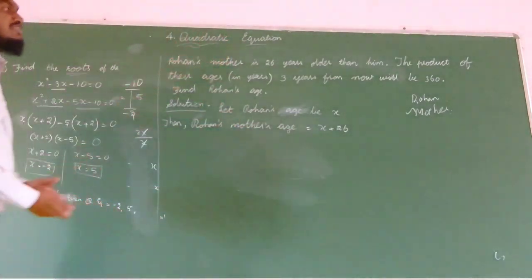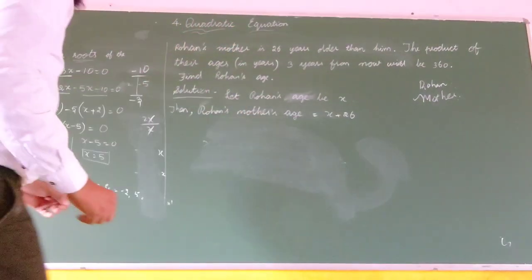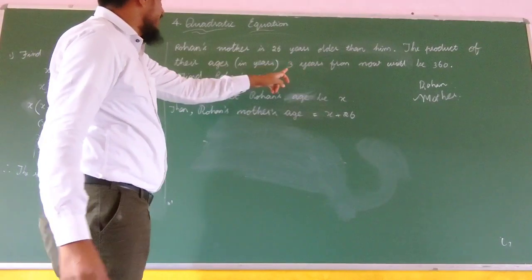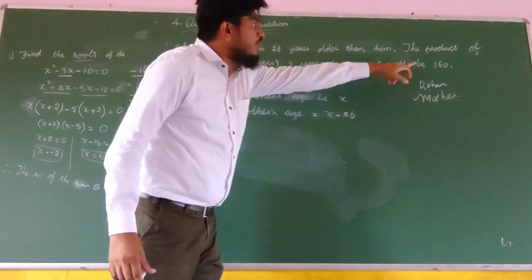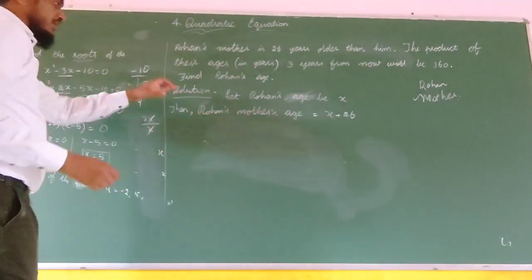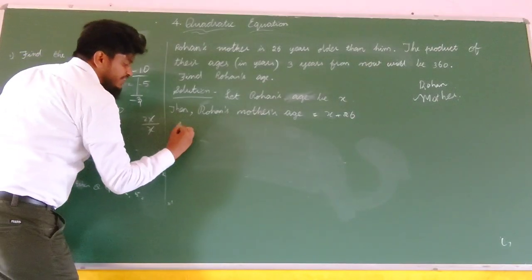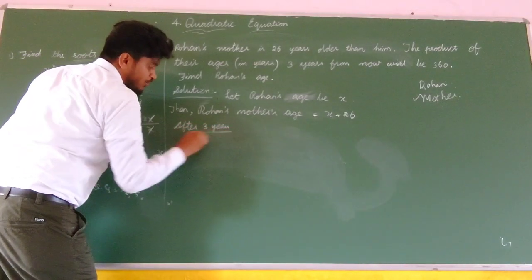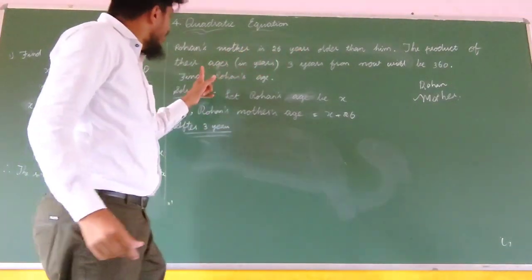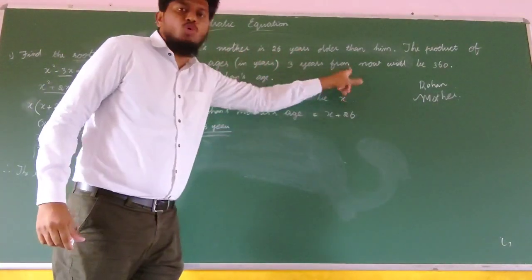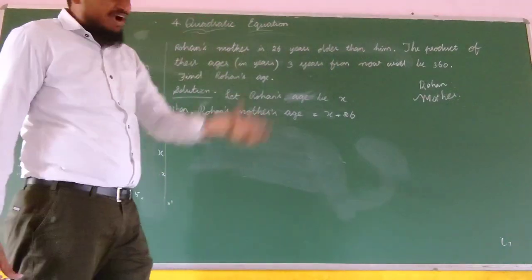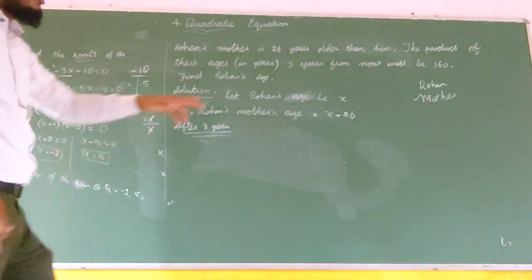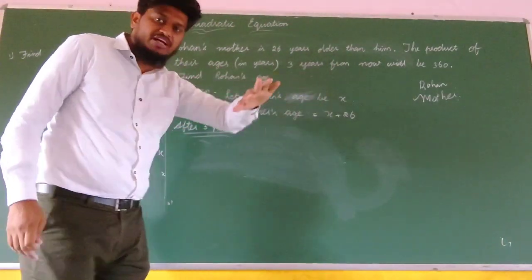Now come to the second sentence. Okay, students, see here. 3 years from now the product will be 360. Actually, here we have to find the ages after 3 years. Why are we finding after 3 years? Because the product of the ages 3 years from now. What is the meaning of 3 years from now? It will be after 3 years. We should not multiply the present ages, because if you multiply them, it will definitely be wrong.